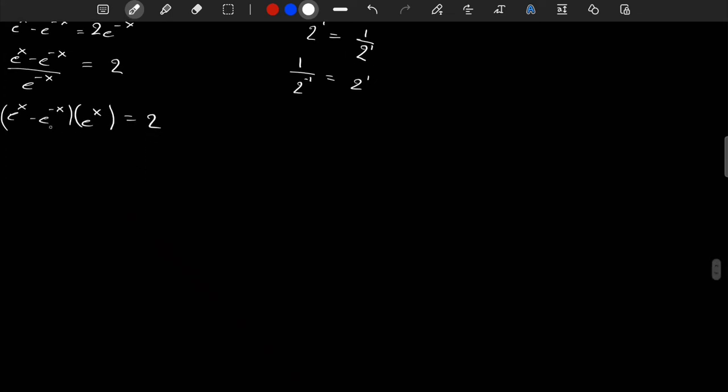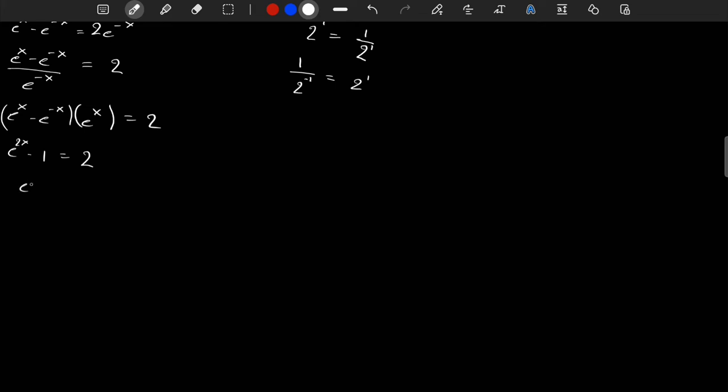Then we just distribute: e to the x times e to the x, same base, add the exponents, so we have e to the 2x minus e to the x times e to the negative x, which is negative 1 plus 1, 0, and e to the 0 is 1, equals 2.